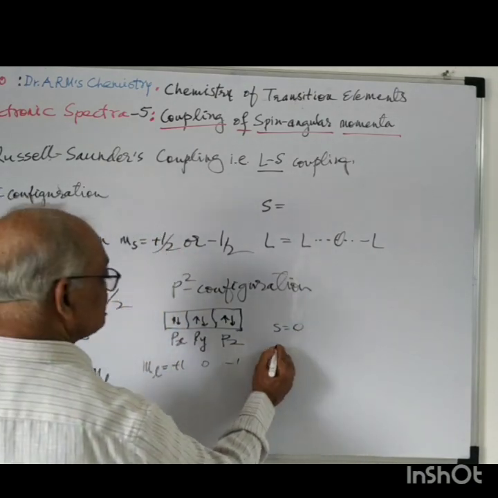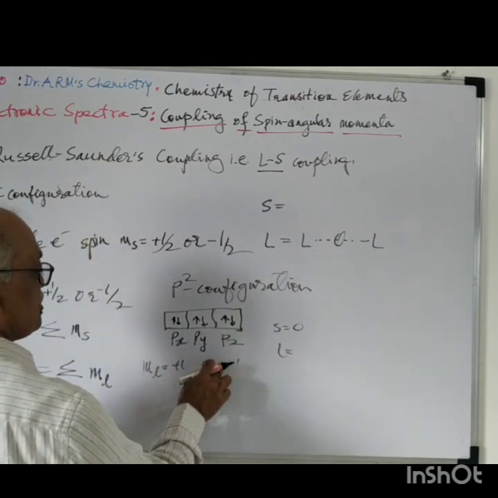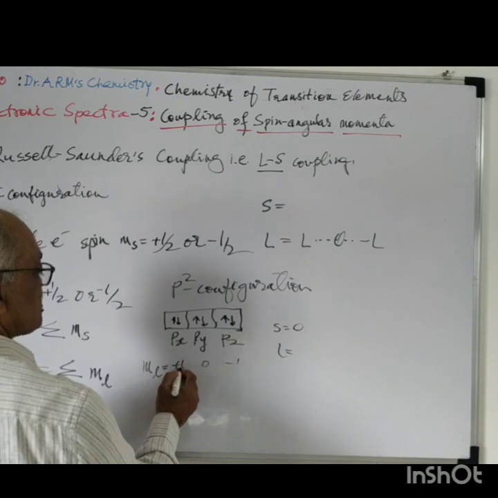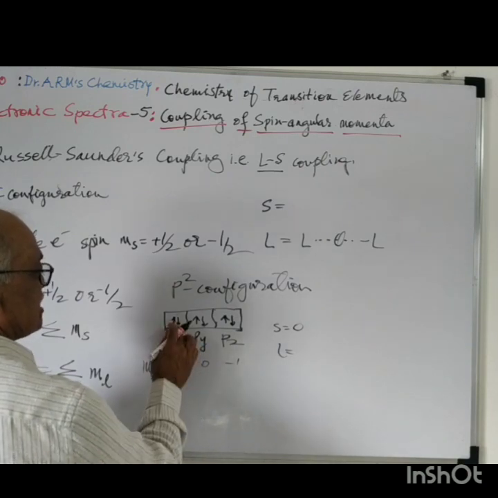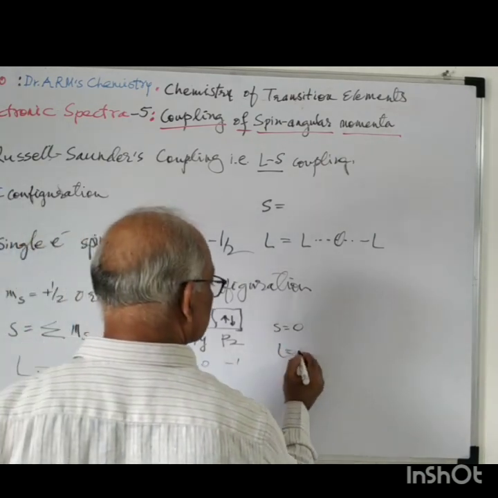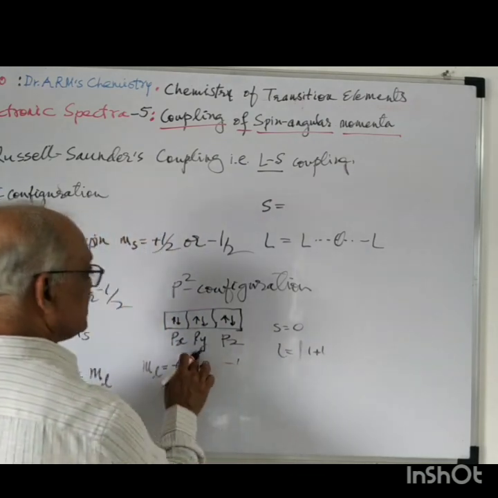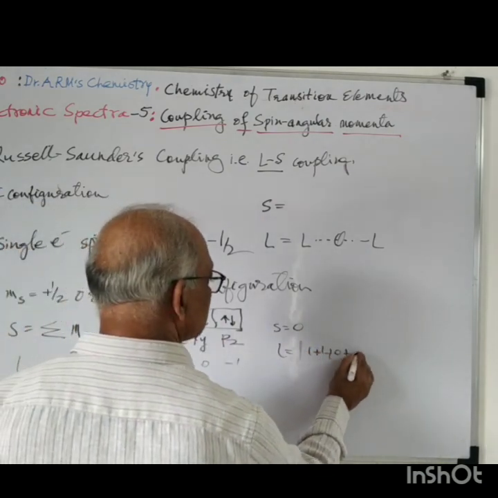Then the L value for these is +1, 0, -1. So +1 and +1, there are 2 electrons. So +1, +1. For this 0, 0.